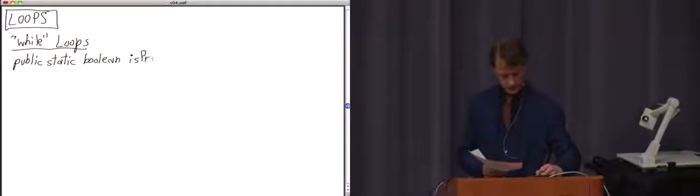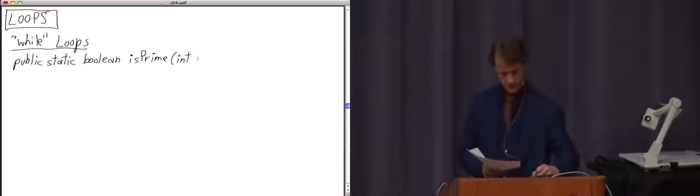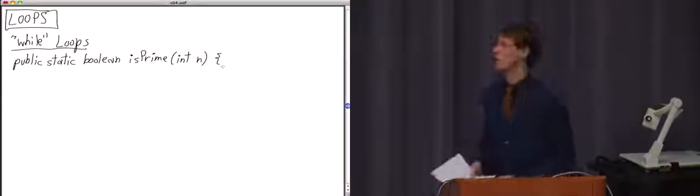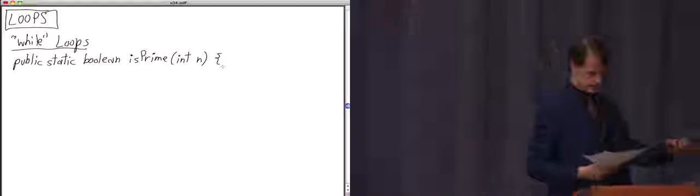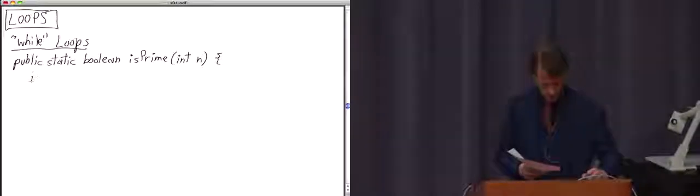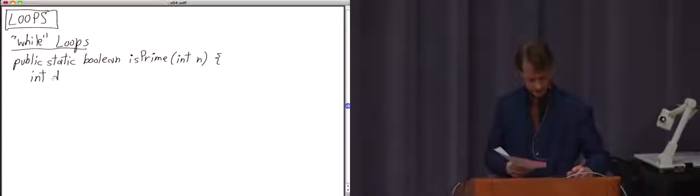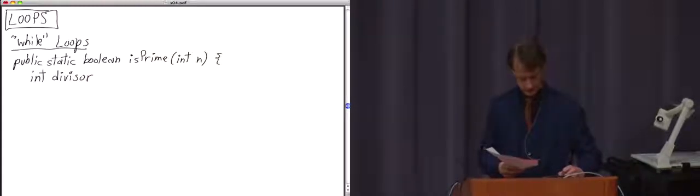So to show you a while statement, I'm going to write a little program that figures out whether or not a number is prime. So here's my method isPrime. It takes in an int n. We want to decide whether n is prime and return a Boolean, true if it's prime, false if it's not prime. So what we're going to do is test it against every possible divisor from 2 up to n minus 1.